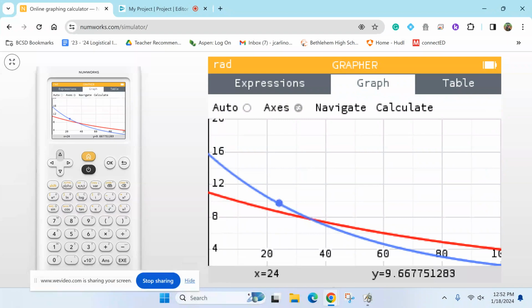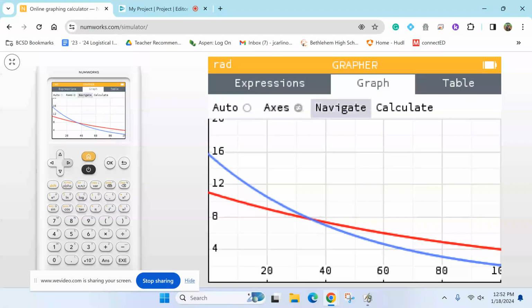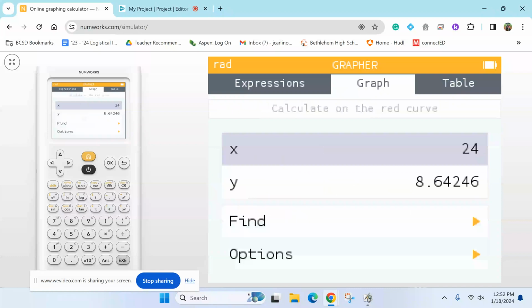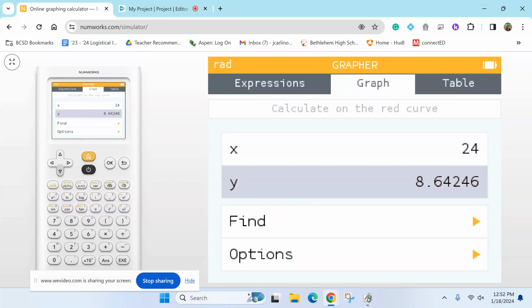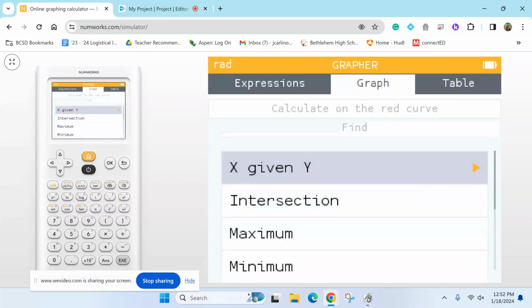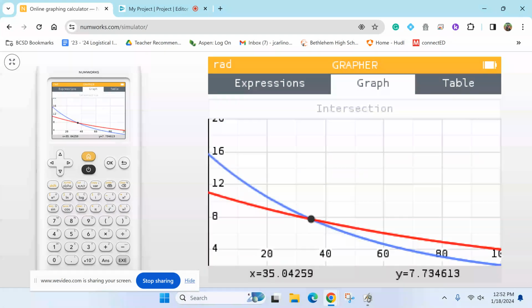You can calculate a ton here. So let's go up to calculate. You can pick either one. We'll pick the first one and see where it says find. Calculate, find. There's a lot of things you can find, right? You can find the max, the min, but what we're looking for is the intersection, and it'll put the darn thing right there on it.